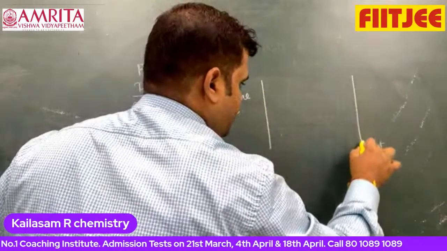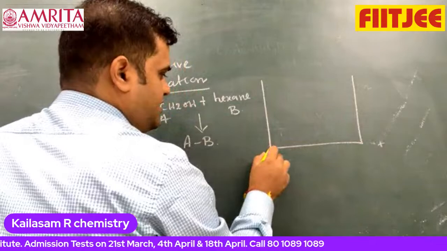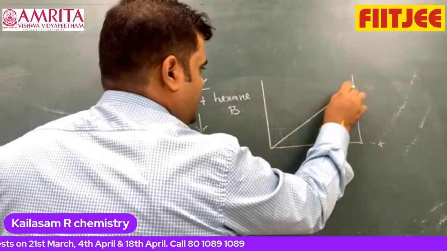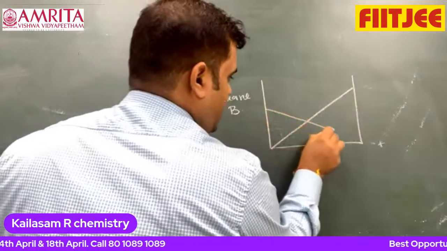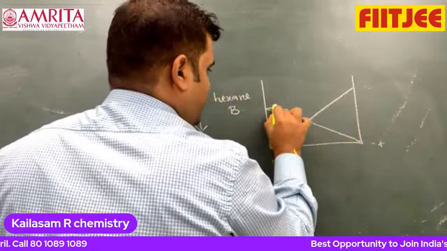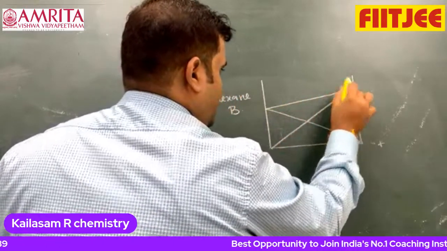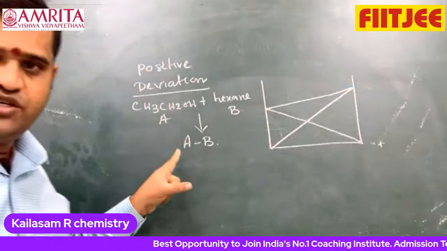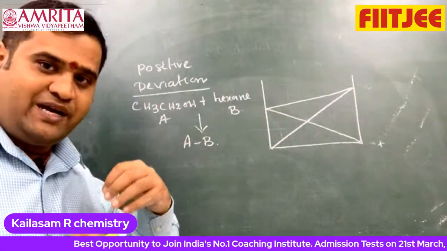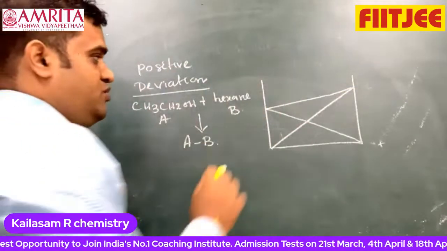Look at this. As we just discussed, this is for Raoult's law, that means the ideal solution. Now, what is positive deviation? We expect it to be higher than the top of the ideal solution.